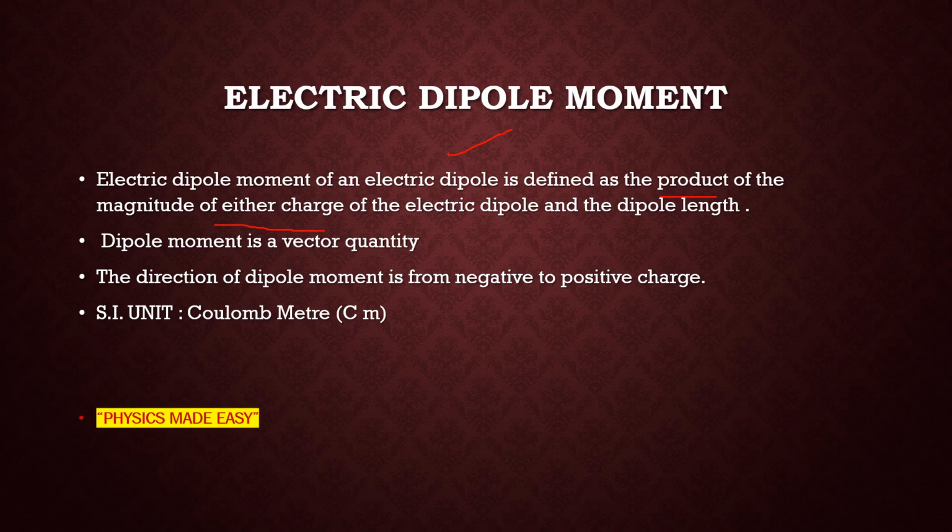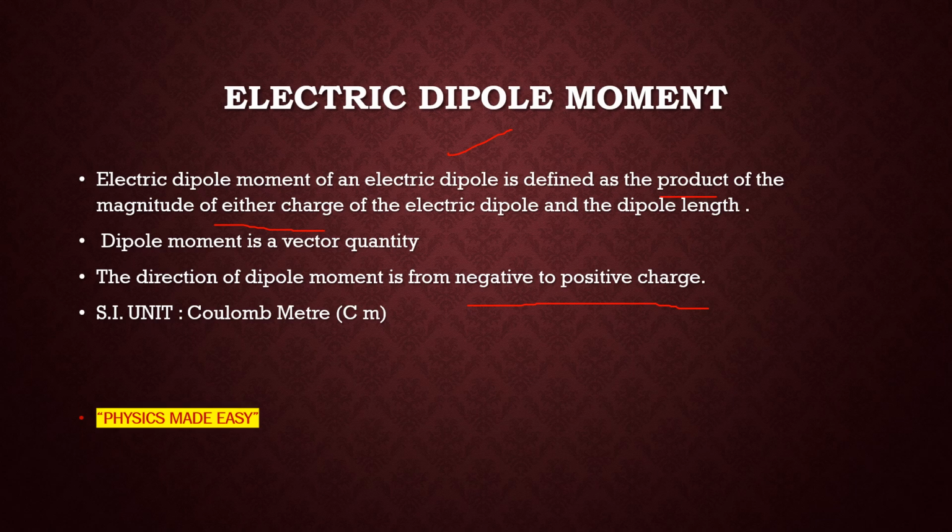Dipole moment is a vector quantity, as the direction of the dipole moment is always taken from the negative to positive charge, and its units can be calculated from its mathematical equation, that is coulomb meter.